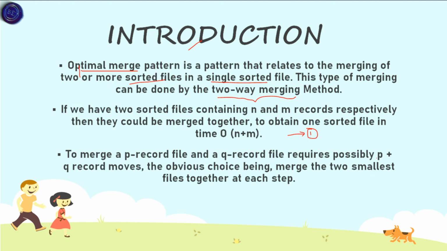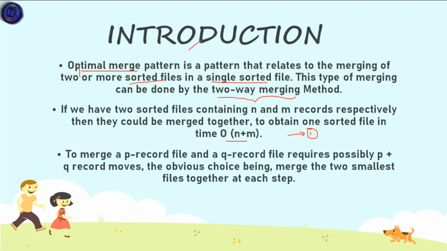So for combining these two files, we require P plus Q moves. Moving the data in those files requires some time, and that time is order of N plus M.